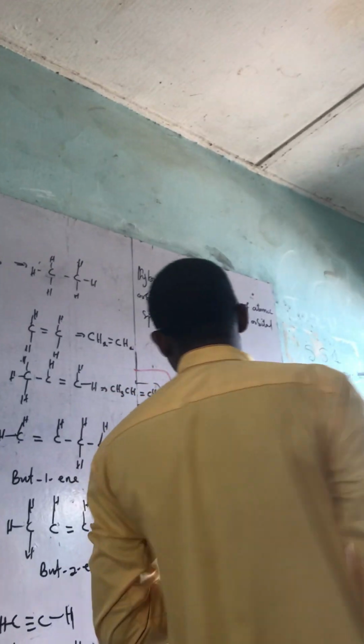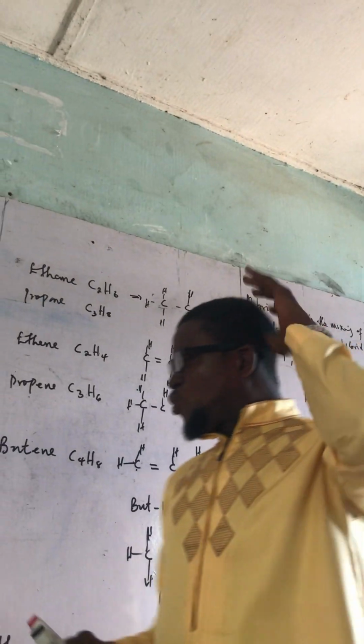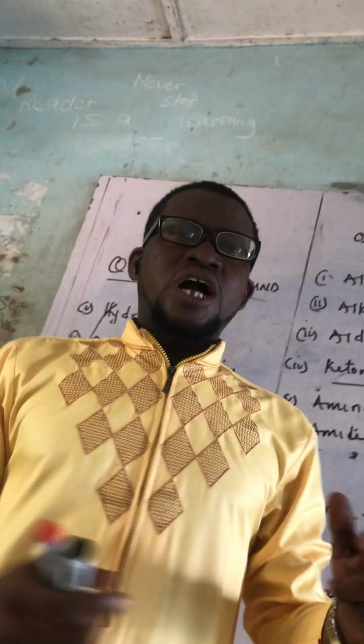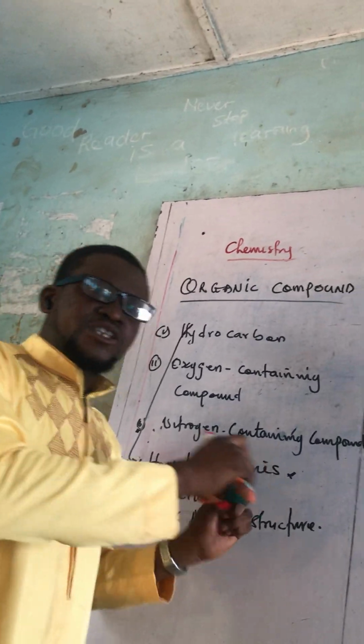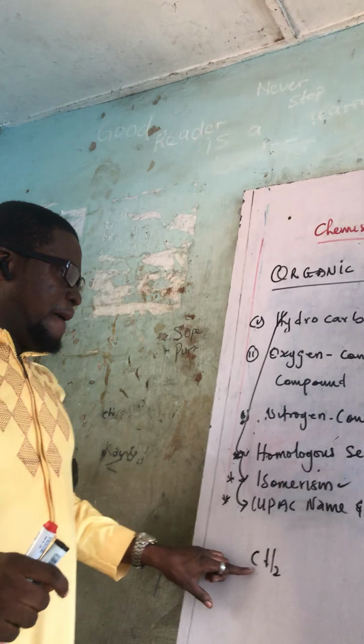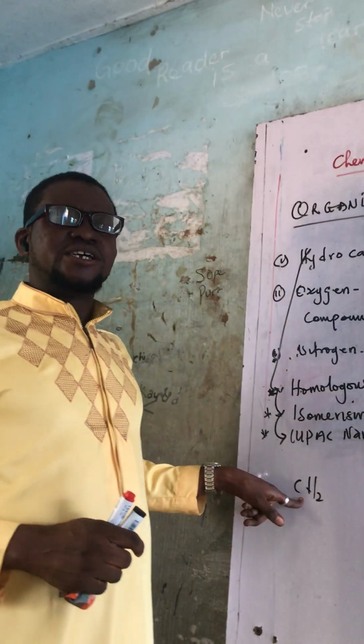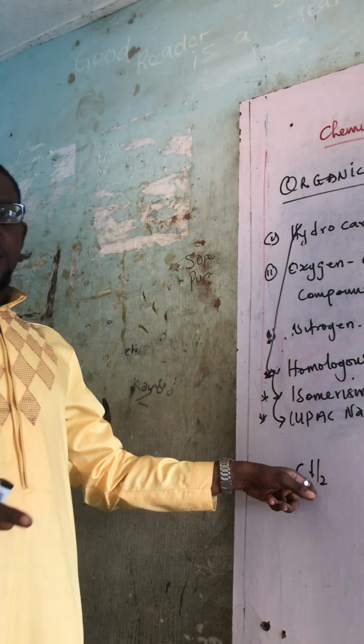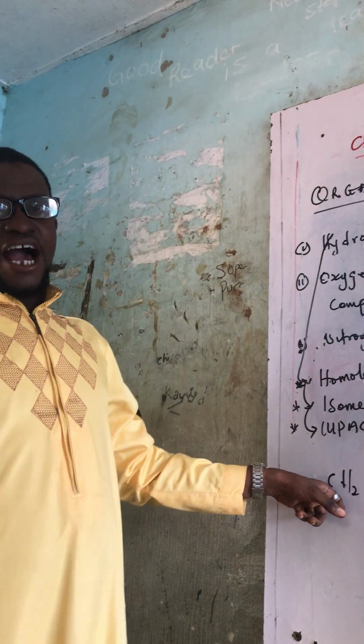Homologous series is a series bound with the same molecular formula, meaning the bond has the same molecular formula, and this molecular formula are different by a methyl group, which is an alkyl group, and this is an example of alkyl. This is methyl, alkyl, methyl. Okay, what am I trying to say?